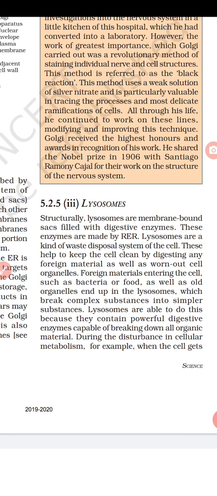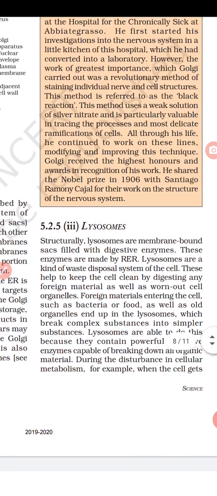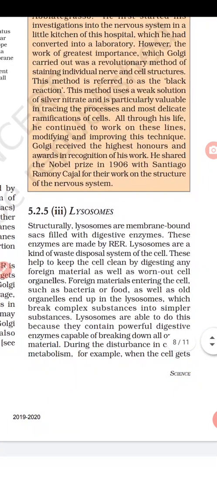If we see the structure of lysosome under a microscope, it is a spherical, sac-like structure. Now sac means what? Something for storage. Inside the sac, digestive enzymes are present.